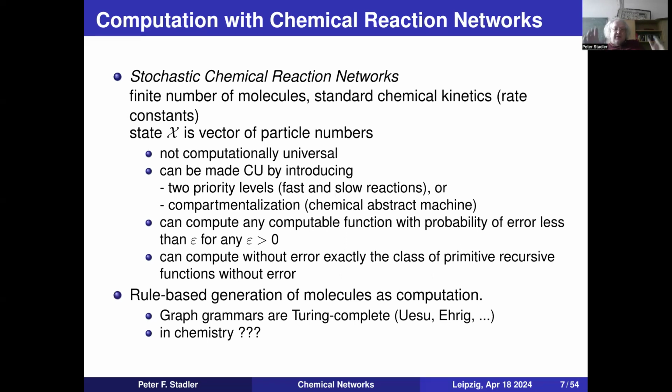You can think of one chemical reaction network endowed with variables that is just a count of how many copies of each one of these molecules we have, and computation then is performing reactions in such a way that at the end we compute certain vectors, certain numbers on certain molecules that we designate, so certain copy numbers at certain molecules that we designate as output.